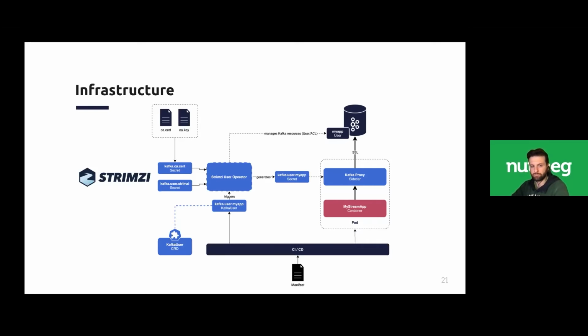As we can see now, it's being triggered by a Kafka user. So we see an object of type KafkaUser, and here I'm going to just mention the CRD, the concept of custom resource definition. When you install the Strimzi user operator, you're going to install a CRD and this new type of object for Kafka users in your Kubernetes cluster.